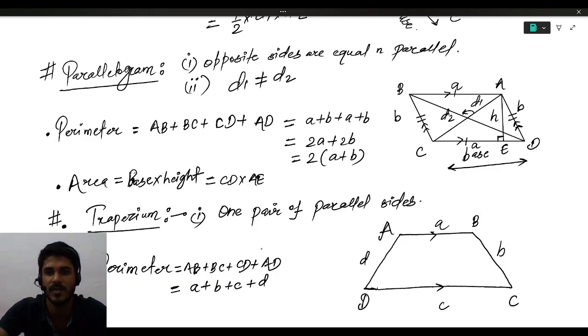Okay. So for area, we have to simply draw a perpendicular from the opposite vertex. Let's suppose this is a perpendicular line from it.